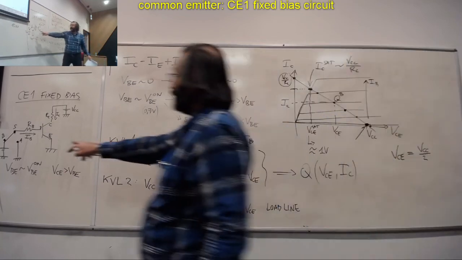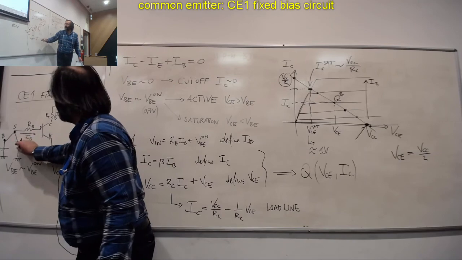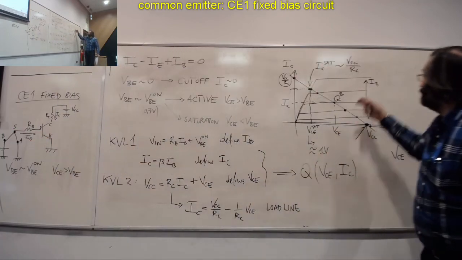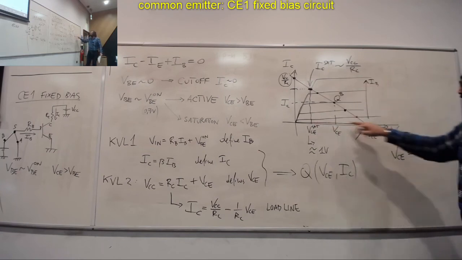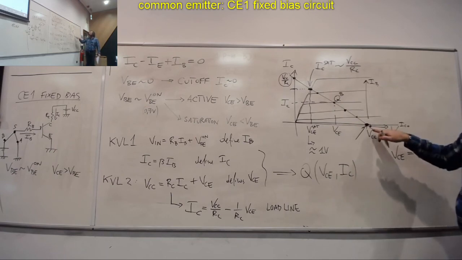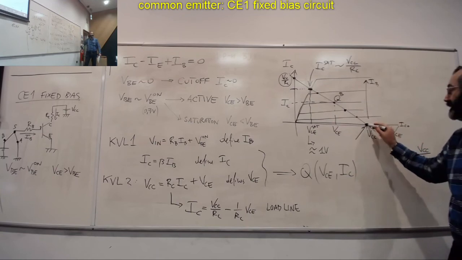So if there is no power supply on this side, IB is 0. IB equal 0 on this diagram is represented by the IC equal IC0 curve. But remember, we are moving along the load line. So this means I'm going here.